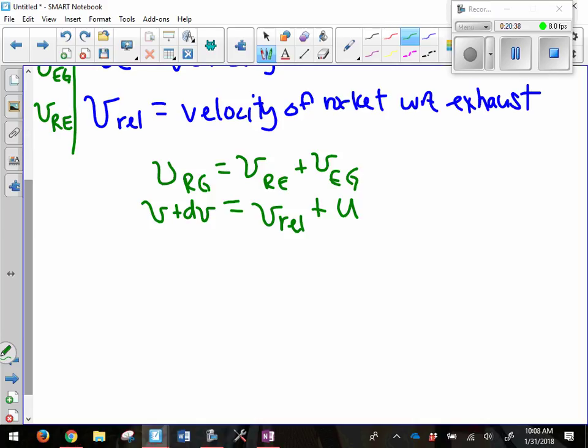So actually what I'm going to do is solve for u and substitute in, and then I'm going to introduce vrel into my conservation of momentum equation. So u is going to be v plus dv minus vrel.